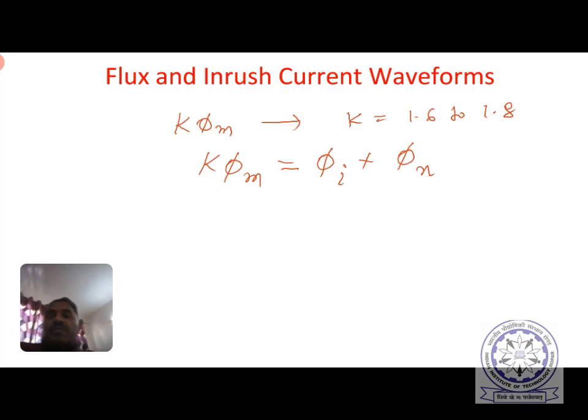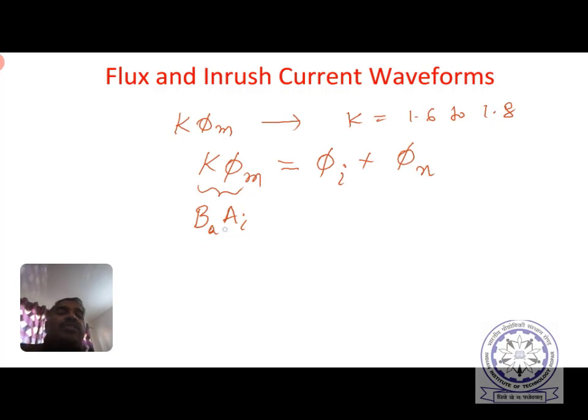So in terms of flux density, this is the apparent flux, you can say. This is apparent flux: BA, let us say, into AI, the iron cross-sectional area.